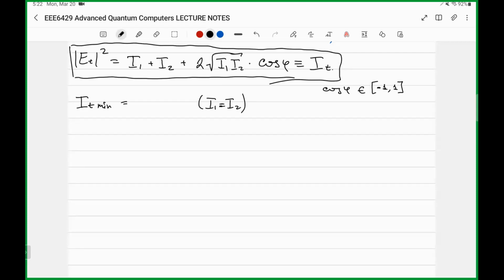So the minimum will be when cosine is equal to -1. And when cosine is equal to -1, the minimum intensity will be 0, provided that the intensities of the first and second source are the same. And the intensity maximum will be when cosine is equal to 1, and in this case it will be 2I plus 2I, 4I.